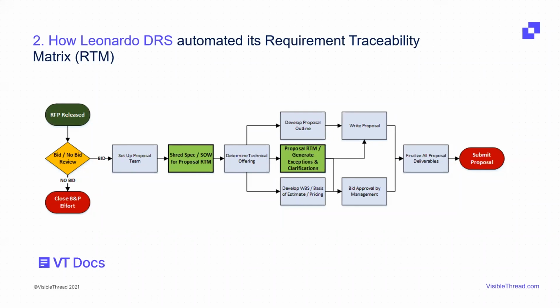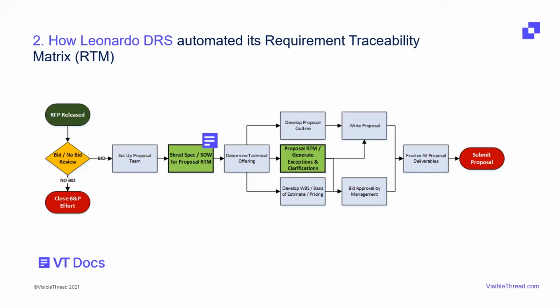But once we decide to go ahead and bid, we'll set up a proposal team, and then depending on the complexity, we've been starting to use VT docs to shred the statement of work, the technical specification, and any other documentation that needs to be sifted through to ensure that we're covering everything that's being asked of us by our customers. So that's really step one, to use VT docs and do the shredding. That's something that we've been doing for a while.